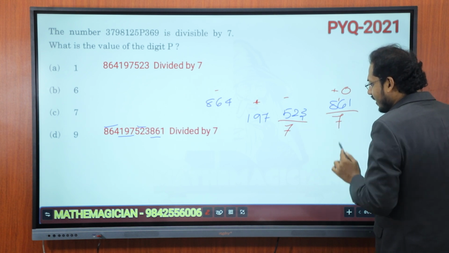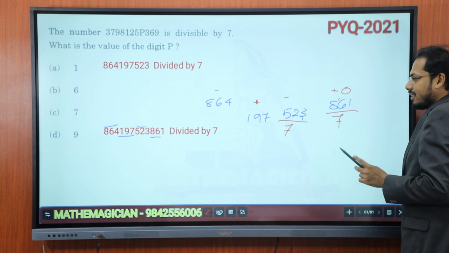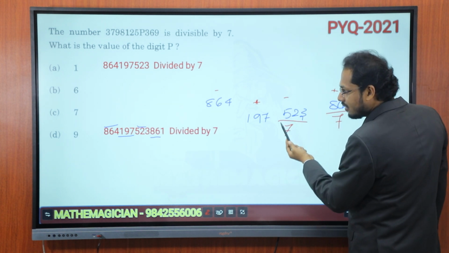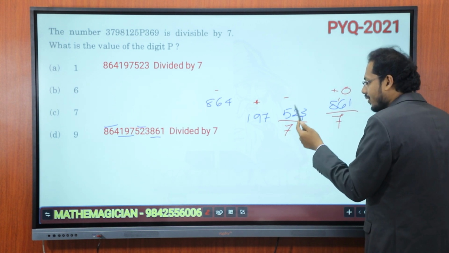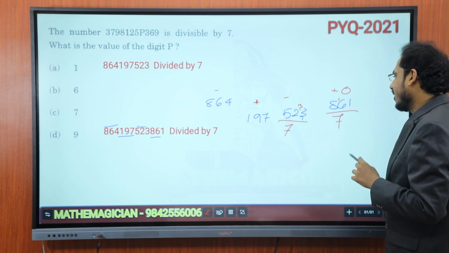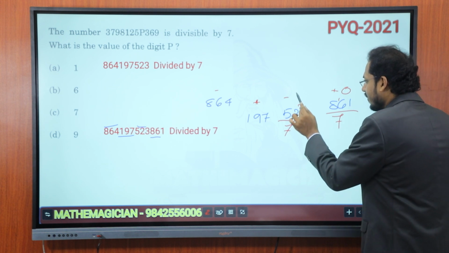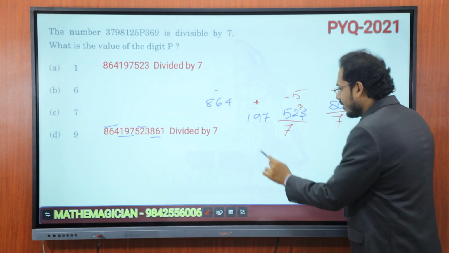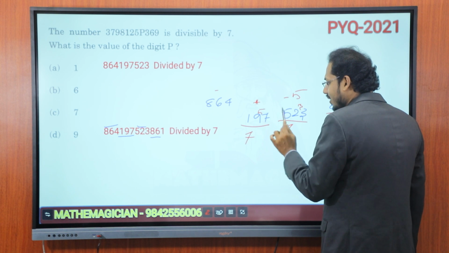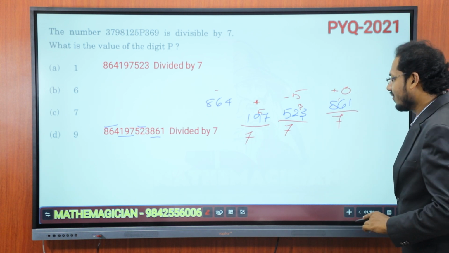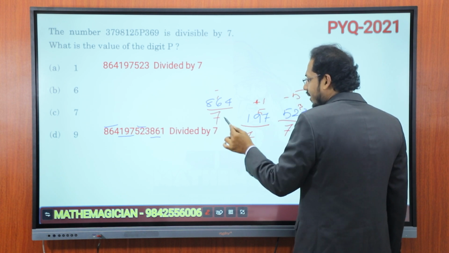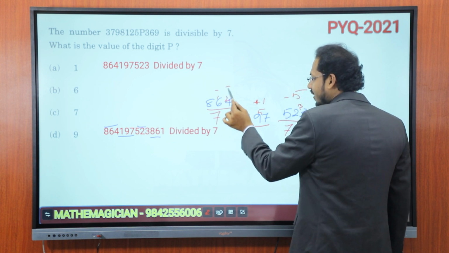Here 33, 7 7s are 49, it's 3 only, right? 33, 35, so 7 4s are 28, 5. Now let's divide it by 7. 7 2s are 14, remainder 5. 57, we got 56, 7 8s are 56, so remainder 1.